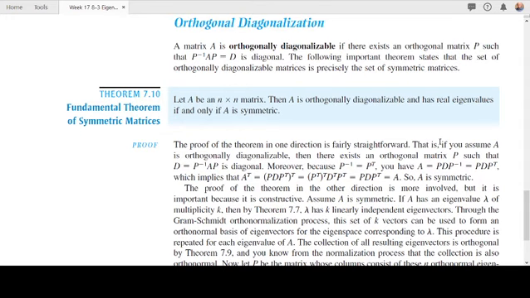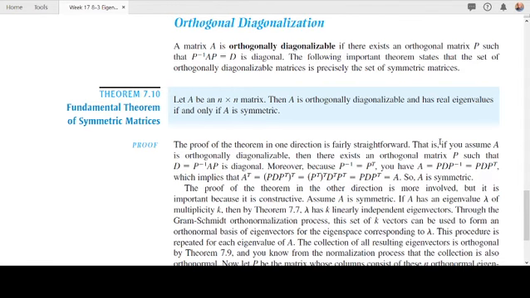The proof in one direction is fairly straightforward, so let us assume that A is orthogonally diagonalizable. Then there exists an orthogonal matrix, or we call it unitary in our book, a unitary matrix P, or we call it U, such that D equals P inverse AP. It's a diagonal matrix.